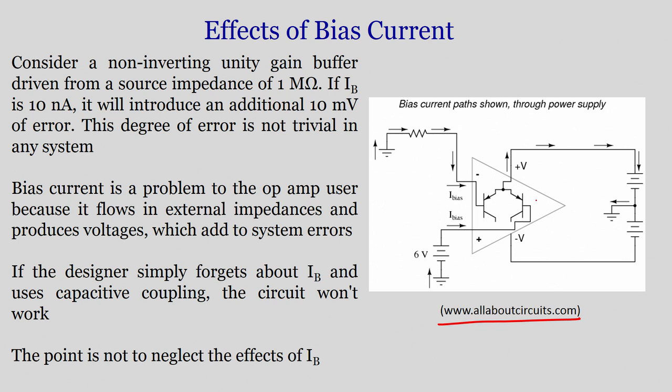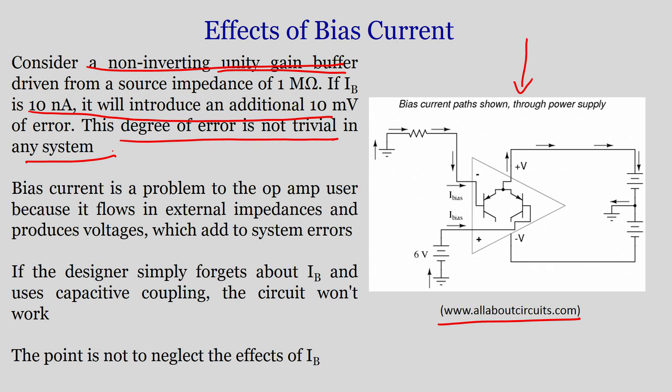So, let us consider the effect of bias currents. Take a non-inverting unity gain amplifier, we have seen what a unity gain amplifier is in the lecture notes, driven from a source impedance of 1 megohm. If IB is 10 nanoampere, it will introduce an additional 10 millivolts of error. It is very easy to understand this, as this degree of error is not trivial in any system. So, this is the first point.